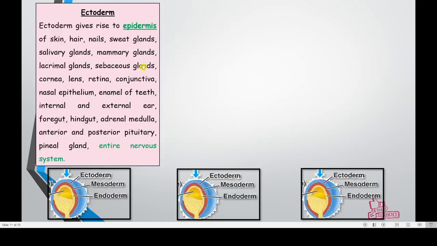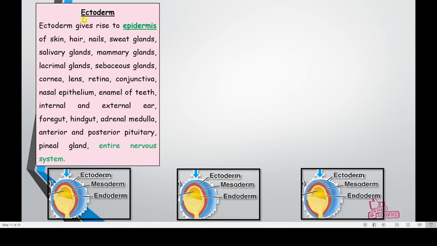Okay, now let us see how these three layers, ectoderm, endoderm and mesoderm, contribute in the formation of various organs. First we will see the ectoderm. So ectoderm gives rise to epidermis of the skin, hair, nails, sweat glands, salivary gland, mammary gland, lacrimal gland, sebaceous gland, cornea, lens, retina, conjunctiva, nasal epithelium, enamel of the teeth, internal and external ear, foregut, hindgut, adrenal medulla, anterior and posterior pituitary, pineal gland, and the entire nervous system.